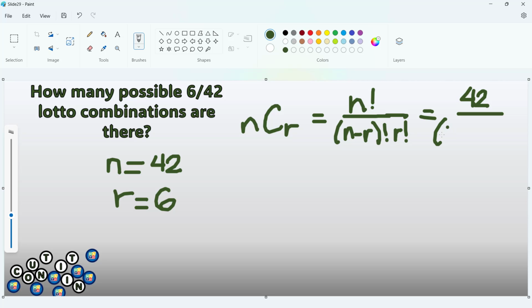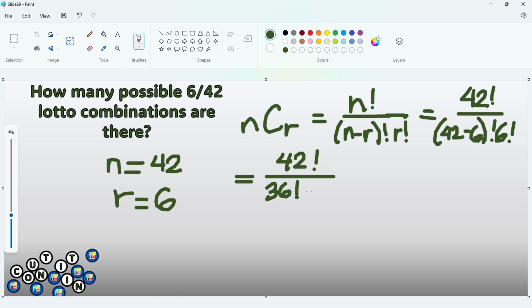Then you will have 42 minus 6 factorial times 6 factorial. Let me place it here so I could write it carefully. By the way, this is 42 factorial. So we have 42 factorial divided by 36 factorial times 6 factorial.